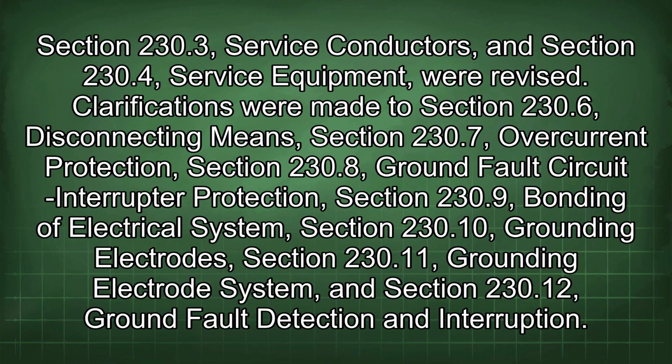Clarifications were made to Section 230.6, disconnecting means, Section 230.7, overcurrent protection, Section 230.8, ground fault circuit interrupter protection, Section 230.9, bonding of electrical system, Section 230.10, grounding electrodes, Section 230.11, grounding electrode system, and Section 230.12, ground fault detection and interruption.